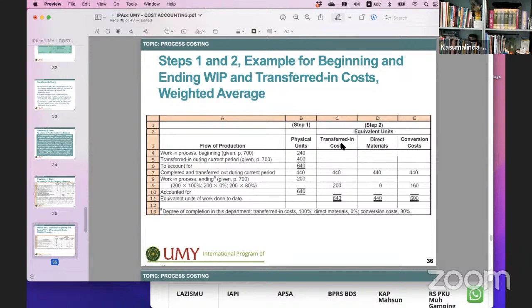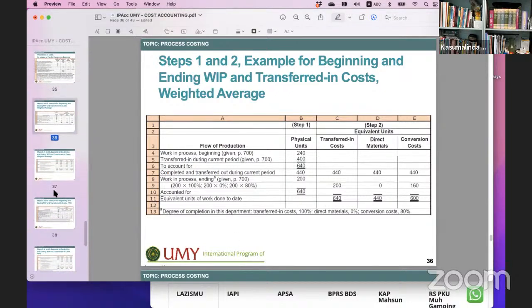Because the direct material is added at the end, it means that at 80%, the direct material is not added yet. When it's not added yet, it is 0%. That's why 0% for direct material, multiply with 200, so 0. And for the conversion cost, it is 80% multiplied with 200, so 160. And we total up, so we got the equivalent unit for each of the costs.